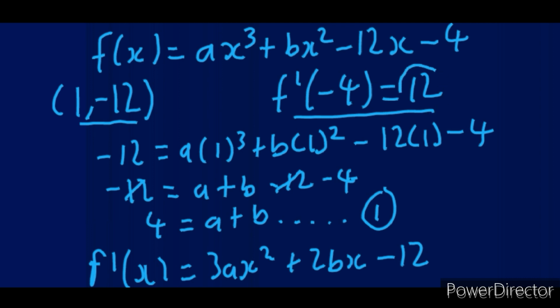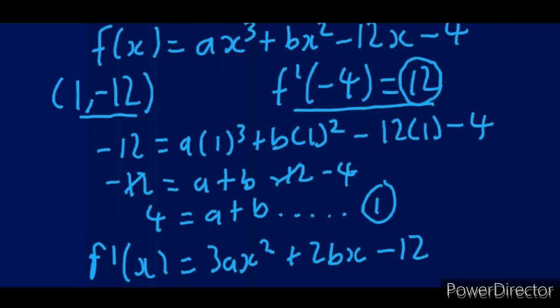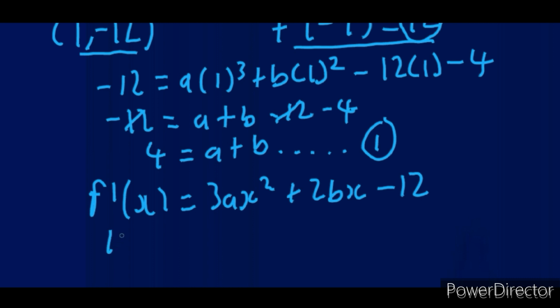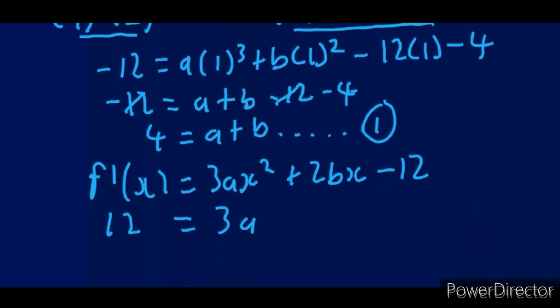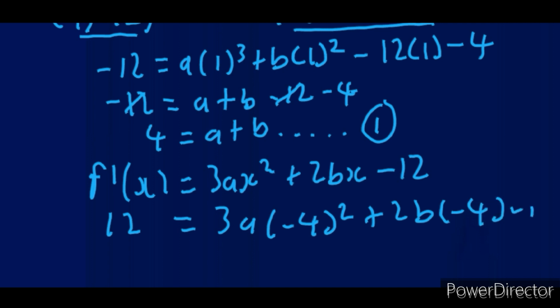We know that the answer of the first derivative is 12. So therefore we're going to say 12 equals 3a, and the x value there was -4, into -4 squared plus 2b into -4 minus 12.